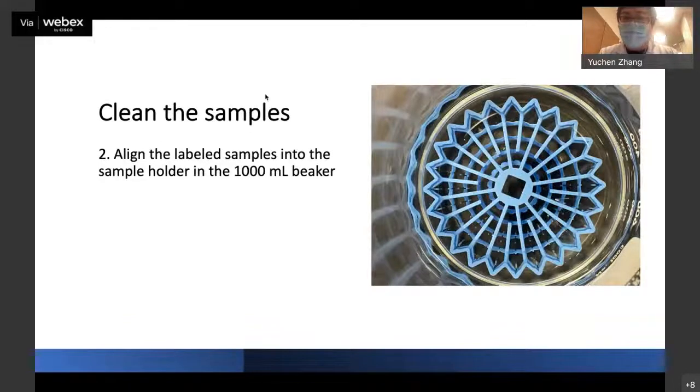During the cleaning, we use the sample holder, the blue one, and we put that into a large beaker, usually a 1000 ml beaker. We do several steps with different cleaning solutions.